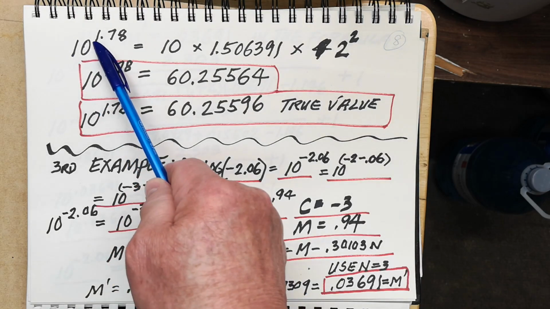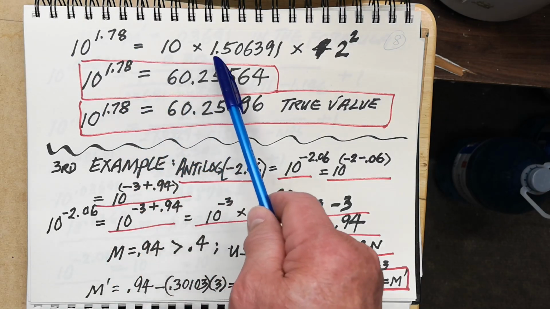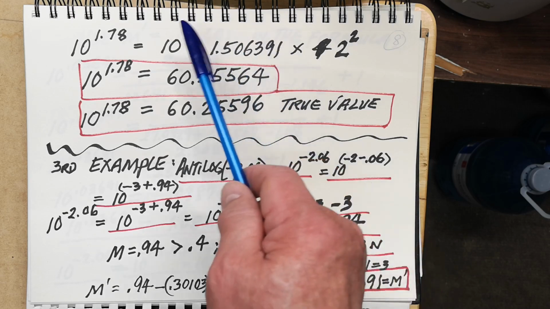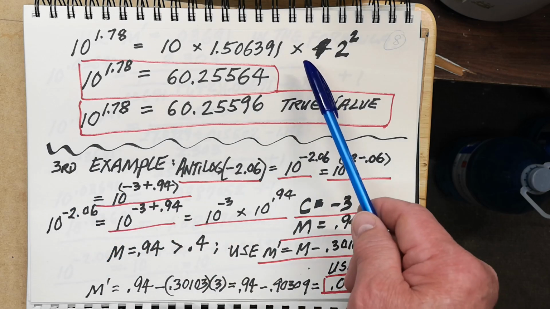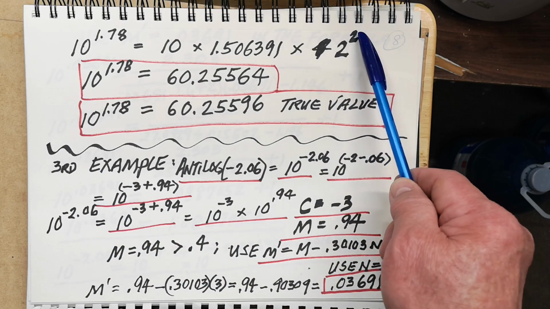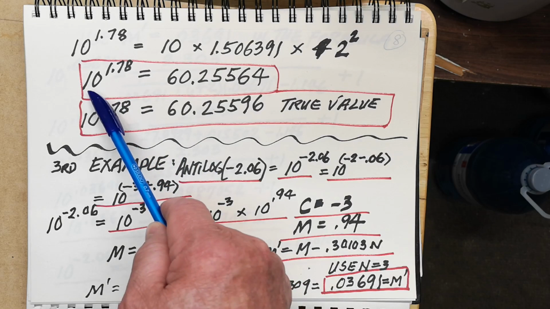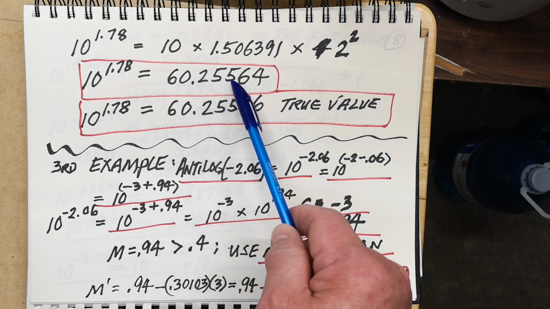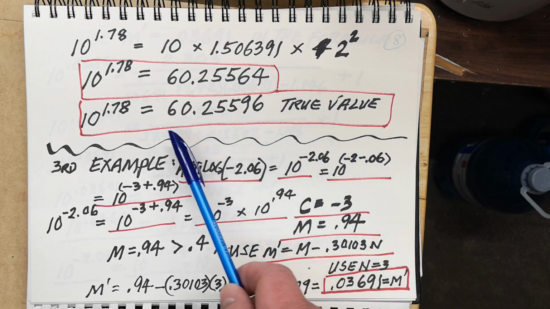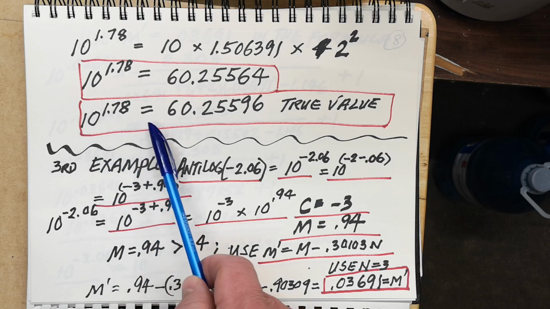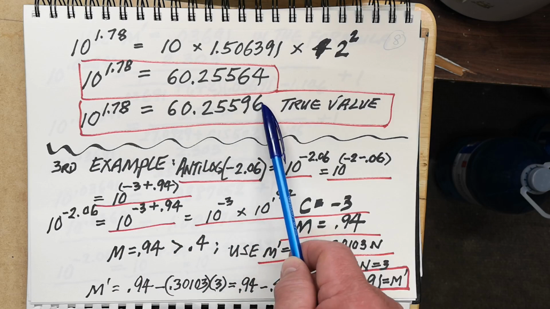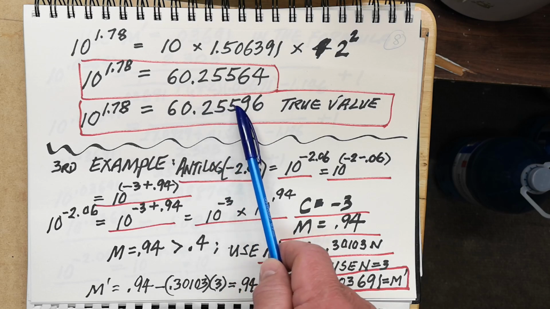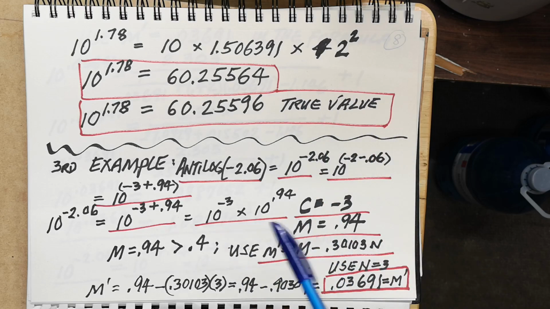So 10 raised to the 1.78 equals 10 times 1.506391, the calculation we made from the m prime, times 2 raised to the 2. So 10 raised to the 1.78 is equal to 60.25564, and the true value is 60.25569. So it's accurate up to three digits after the decimal, 255, which is pretty close.